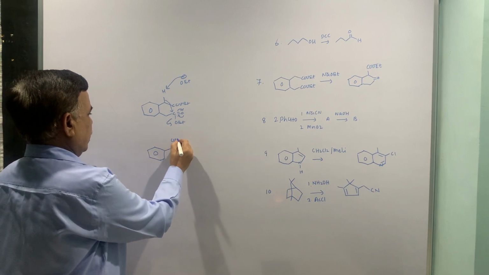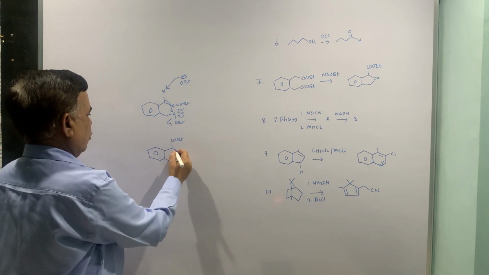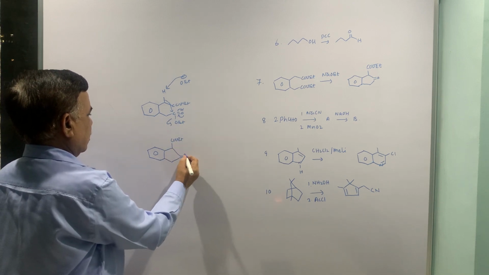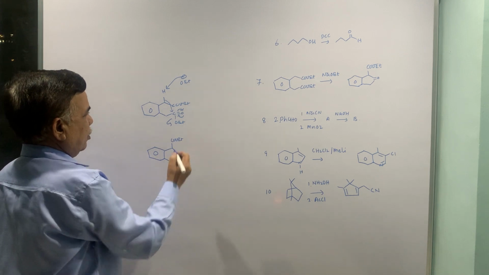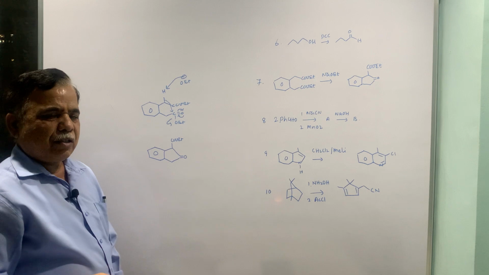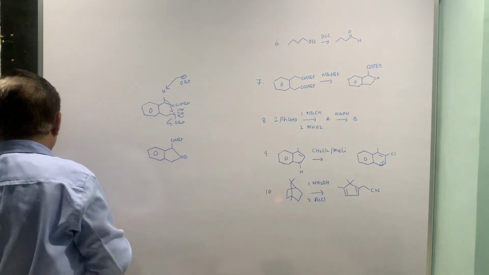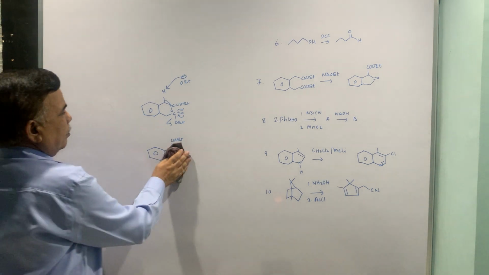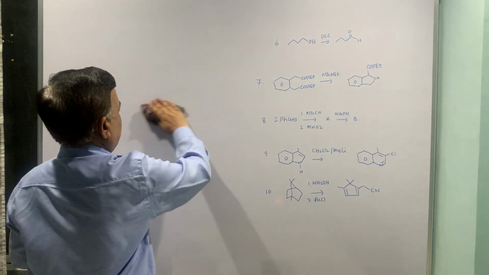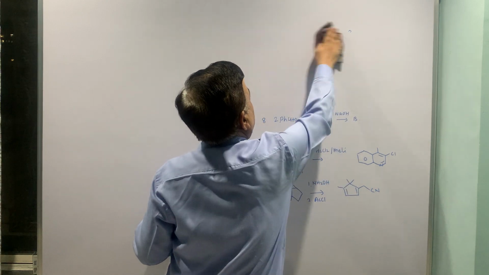I will put COOEt on the top because that is the acceptor now, and then this is the carbonyl. So this is your Dieckmann cyclization or Dieckmann condensation reaction. So that is the same product which is given over there. Okay. So let me clean this part.